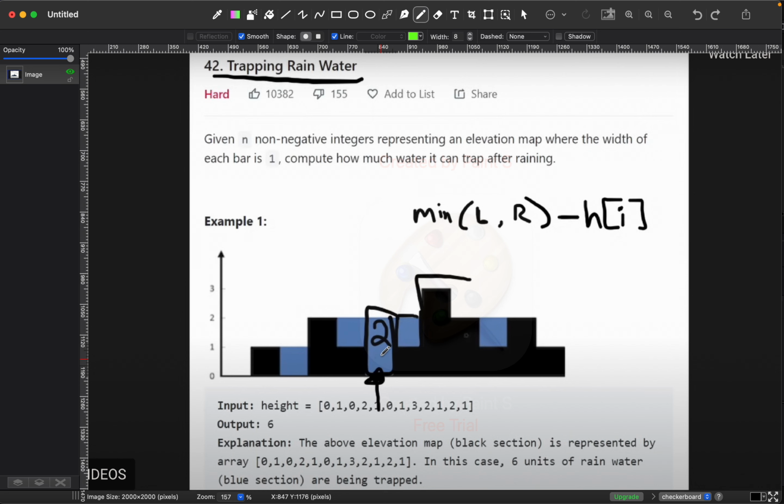The question is, how does here know that it can collect this amount? What if this doesn't exist? Or if it flows over here?